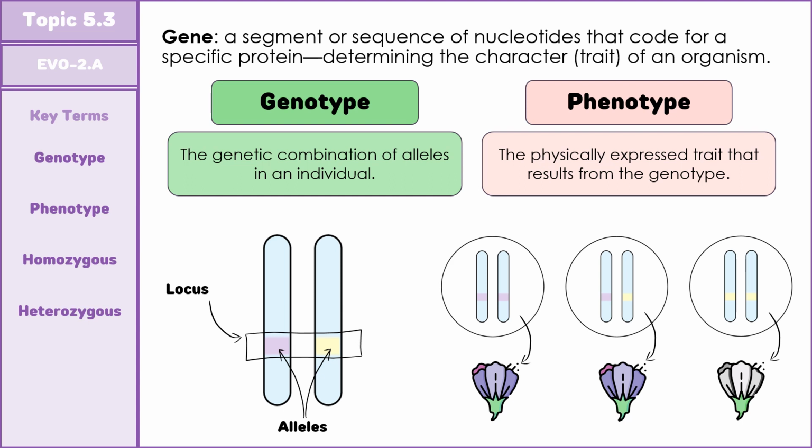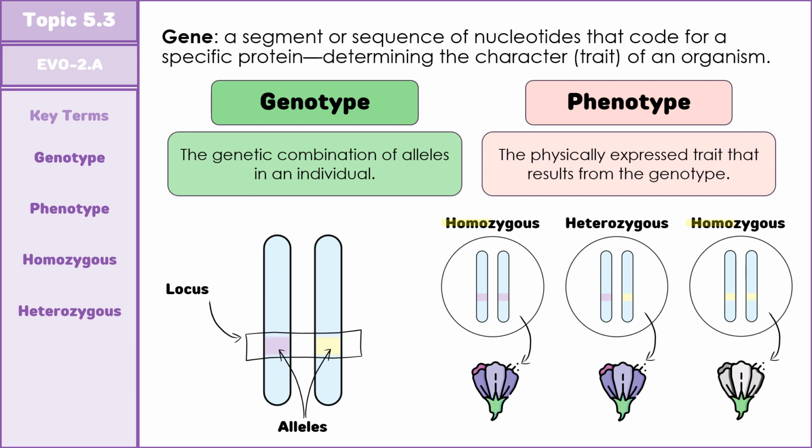And as you have seen, we have a couple of different ways that we can organize these alleles, different combinations, and we give specific names to these. So if we have two of the same allele, we term those homozygous. So homo comes from the term meaning same. So if we have two identical alleles, we are homozygous.